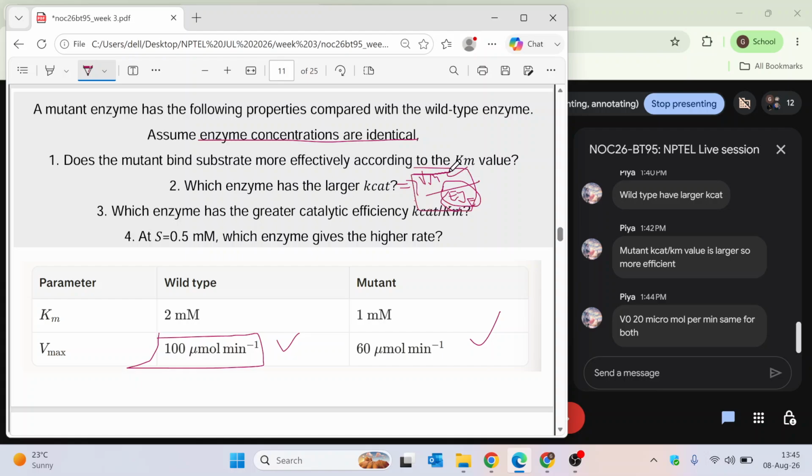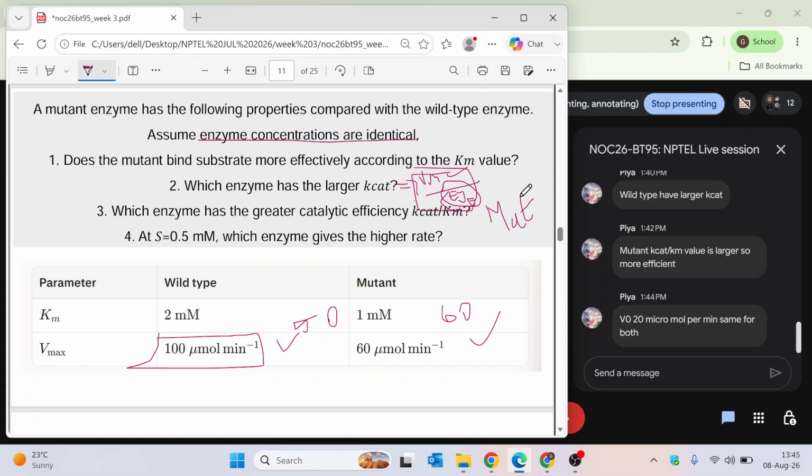Enzyme concentrations are similar, so you can compare Vmax by Km. Which is 50 here and it is 60 here. So obviously kcat by Km of the mutant is higher. So here your mutant has a greater catalytic efficiency.